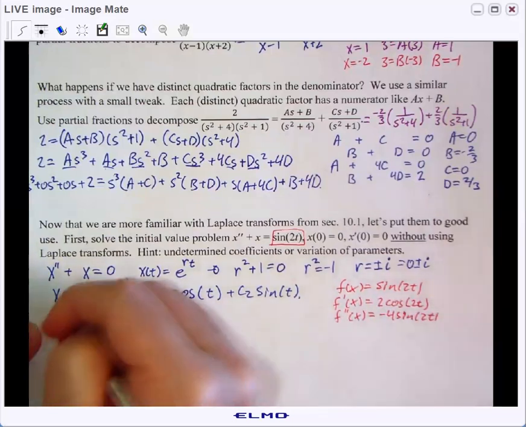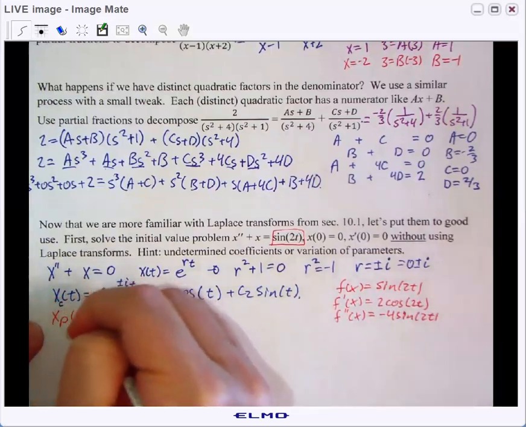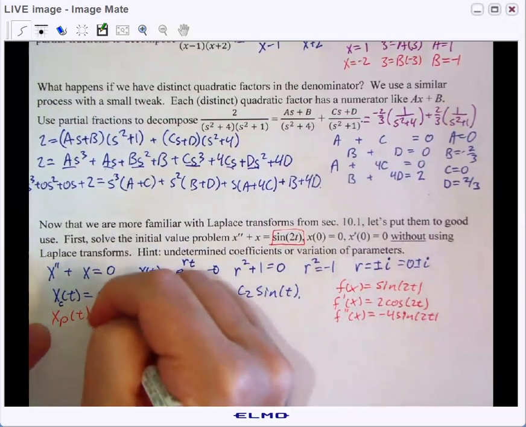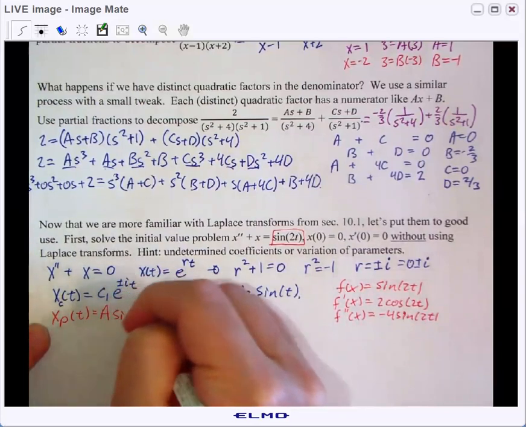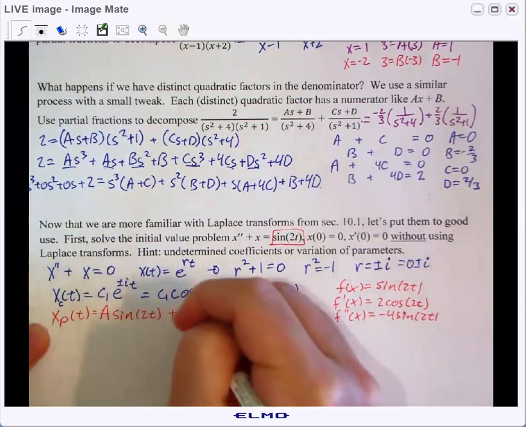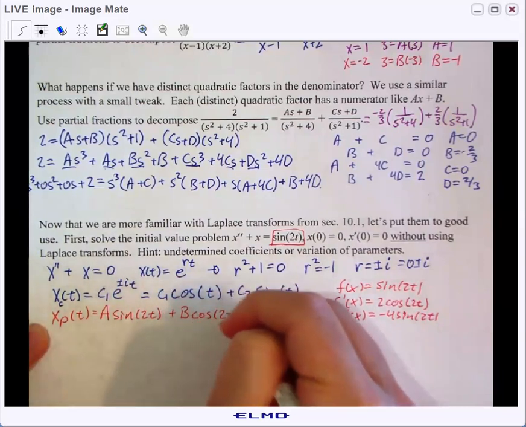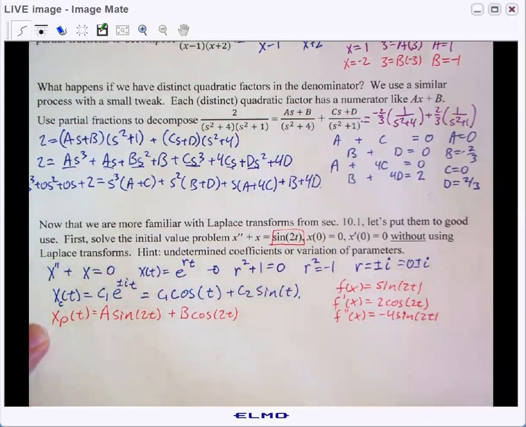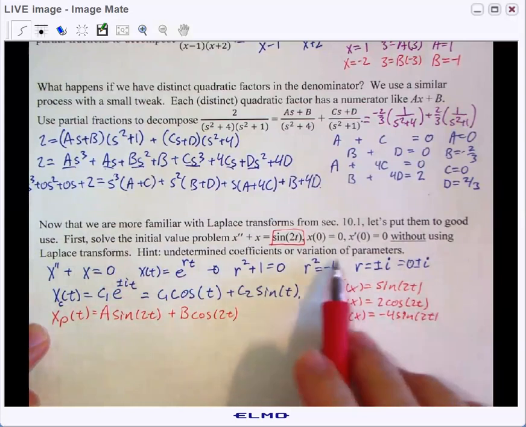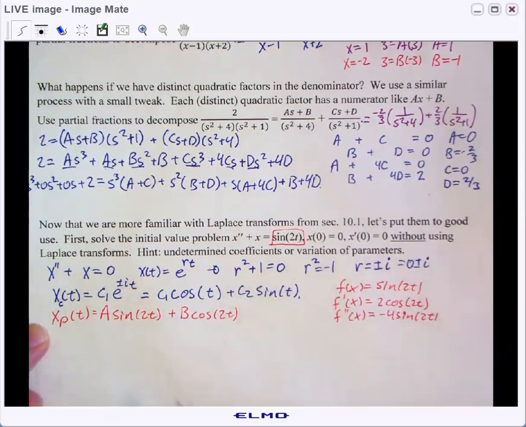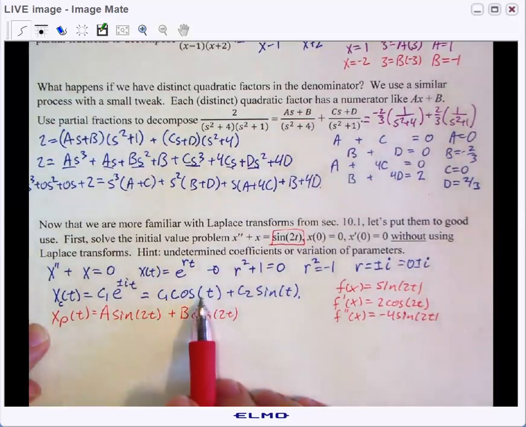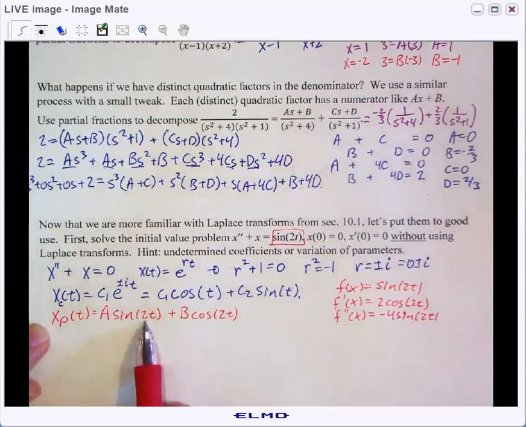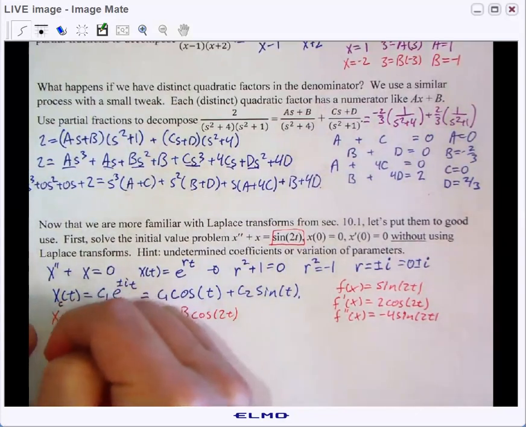So we would expect our particular solution to look like A times the sine of 2t plus B times the cosine of 2t using the method of undetermined coefficients. You could use the method of variation of parameters if you'd like. Now, we notice that there's no duplication in our particular solution with our complementary solution, even though they both involve sine and cosine, but this is t and these are 2t, and those are different functions. So let's go ahead and see if we can figure this out.